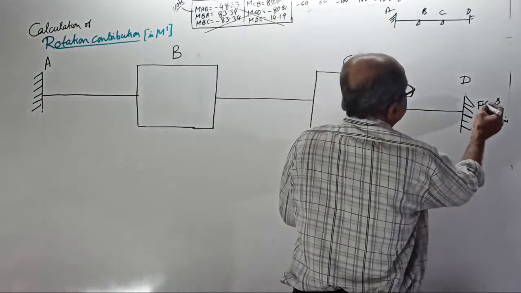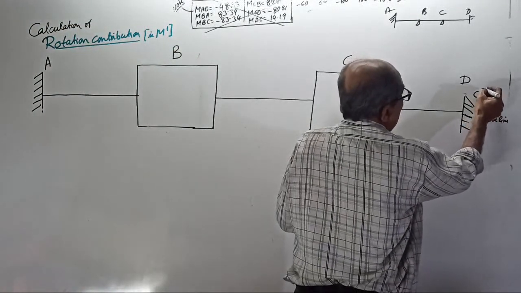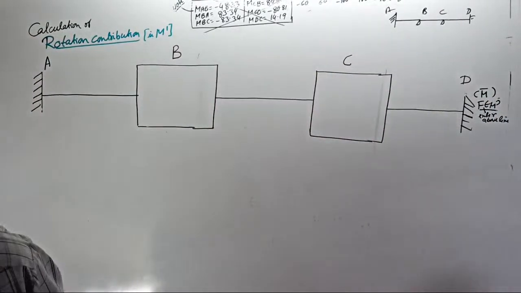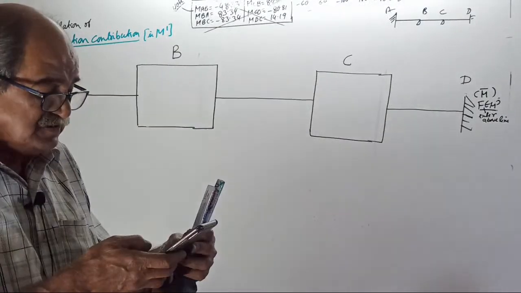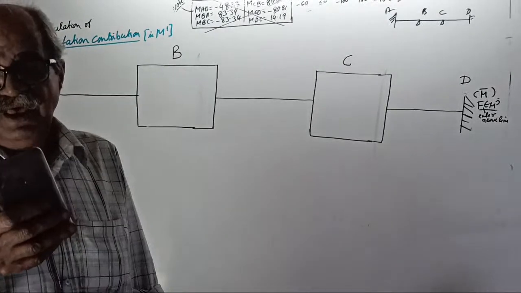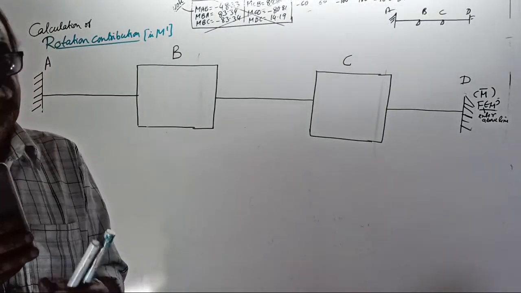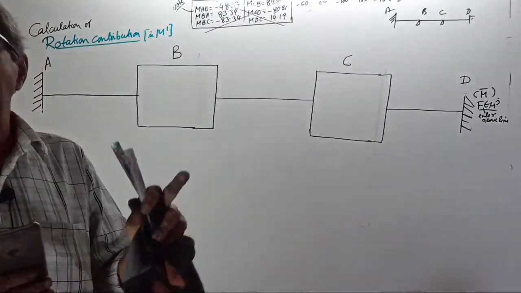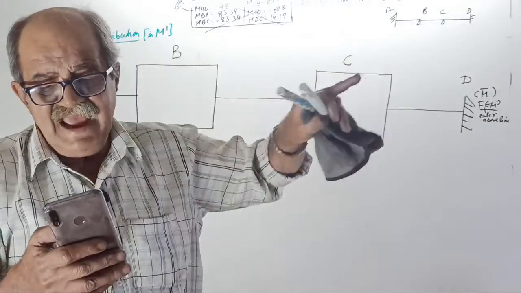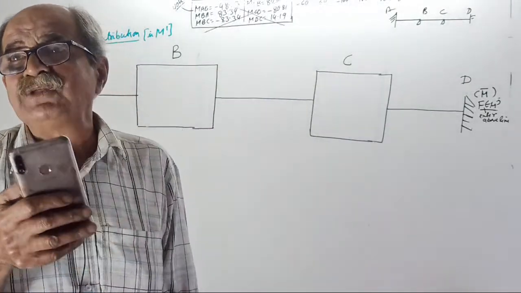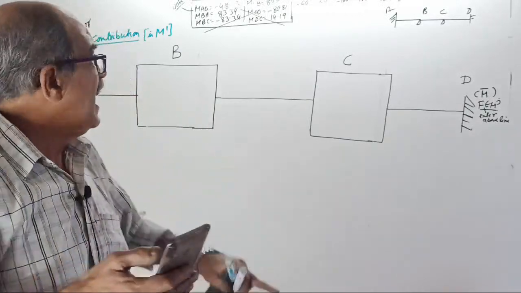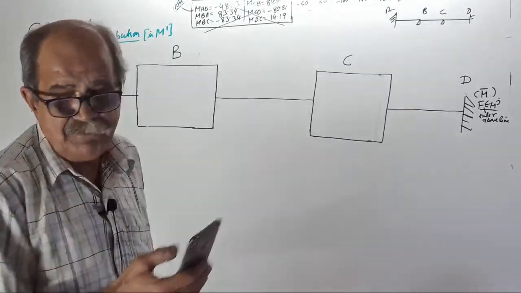FPM means M bar. Values entered above the lines are what? Some confusion will come now. Some values are coming above the line, some are coming below. Make a note. That's what I told. When I take a break, go through my statement again and again. Values entered above the lines are what? I won't repeat. Values which are entered above the lines are FPMs.